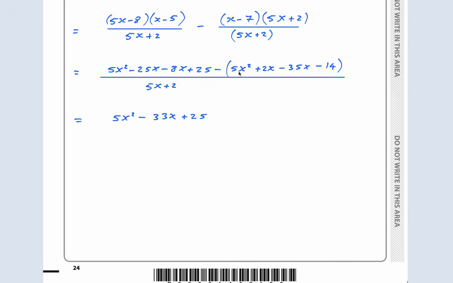Now this becomes minus 5x squared. This is 2x minus 35x is minus 33x, but minus minus 33x is plus 33x. So just make sure you know how I did that. And then minus 14 is plus 14.